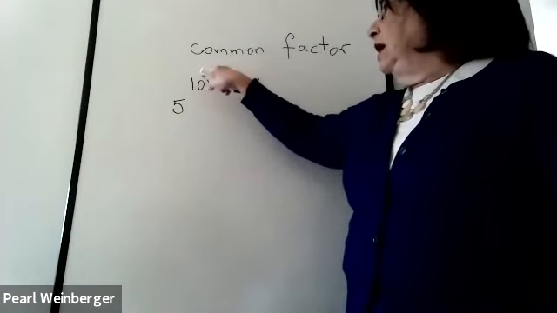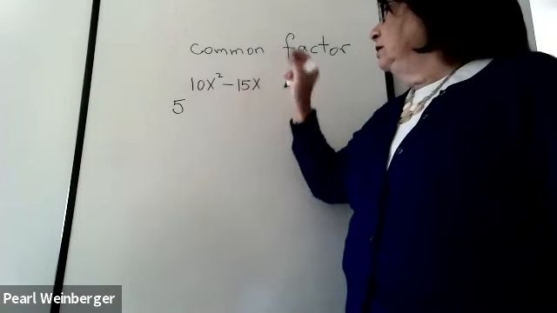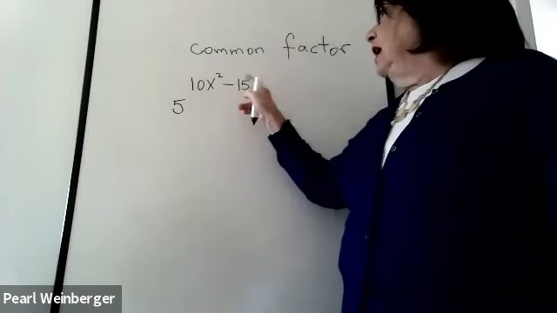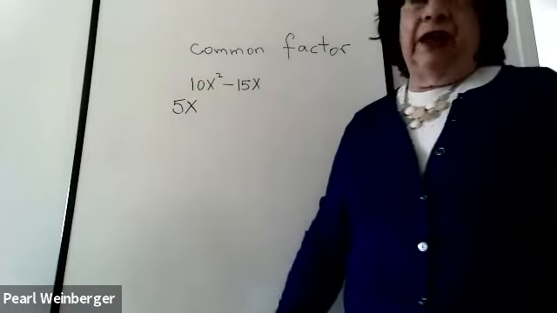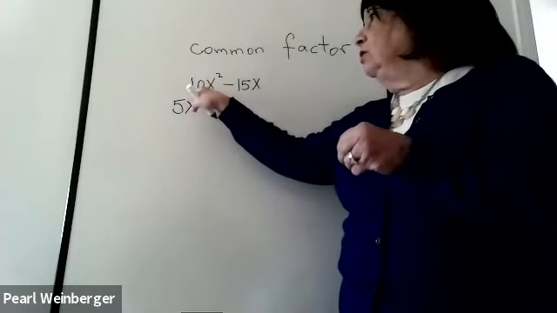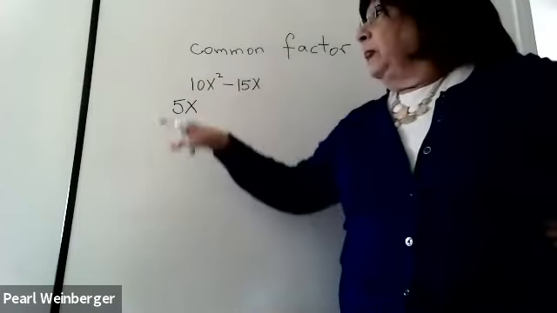This term has x to the exponent of 2. This has x to the exponent of 1. The one that's common is the x with an exponent of 1, or in other words, 5x. 5x is a common factor of both 10x squared and negative 15x.